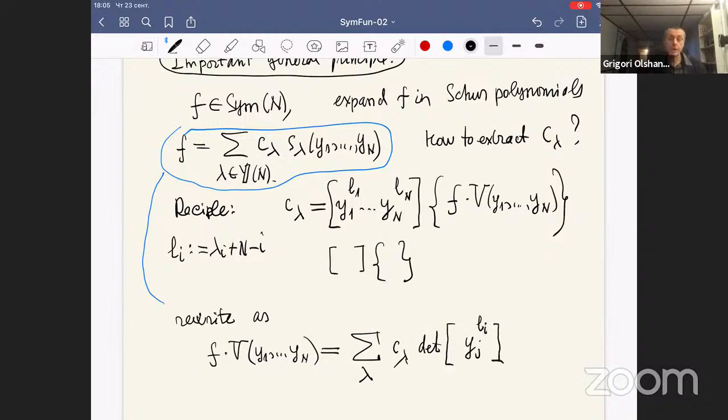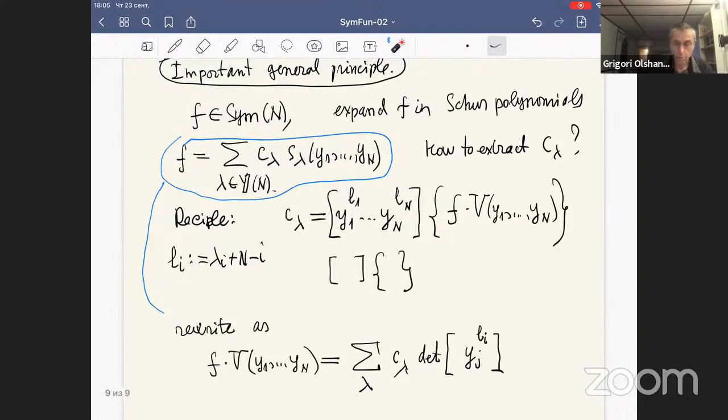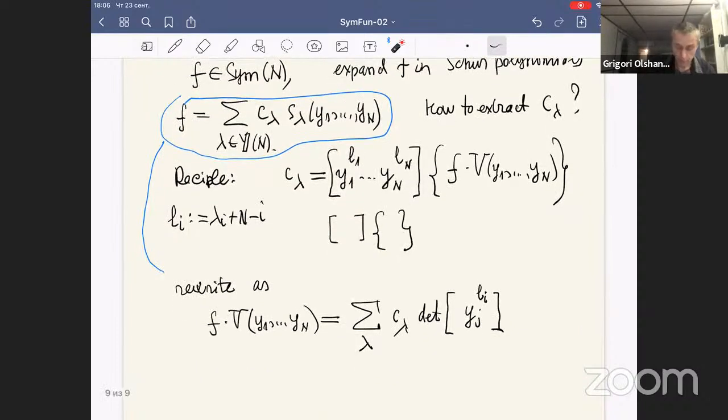And now it becomes clear, I hope, that the coefficient that we want is just the coefficient of this monomial because it comes from the expansion of this determinant. Okay. Some questions maybe? Is it clear or not? Okay, so I hope it's clear.